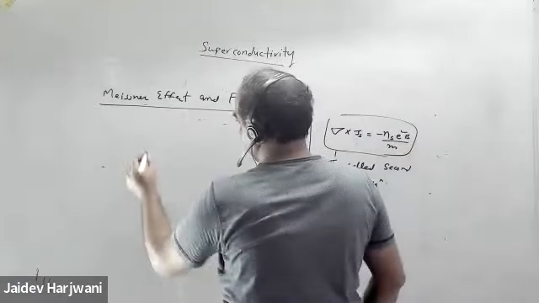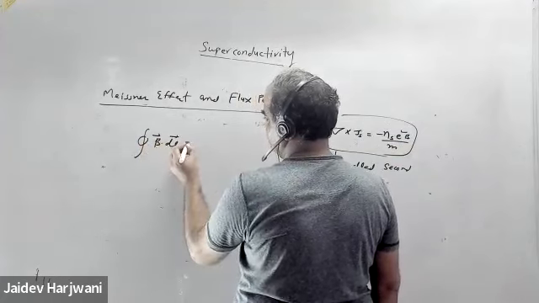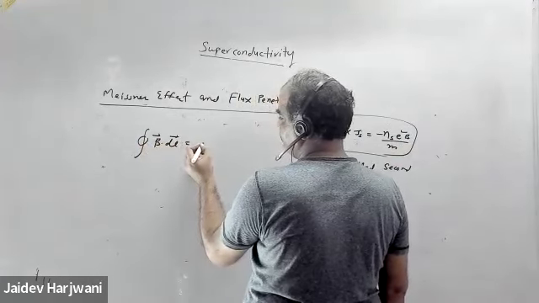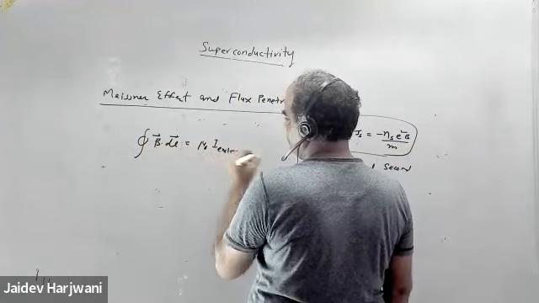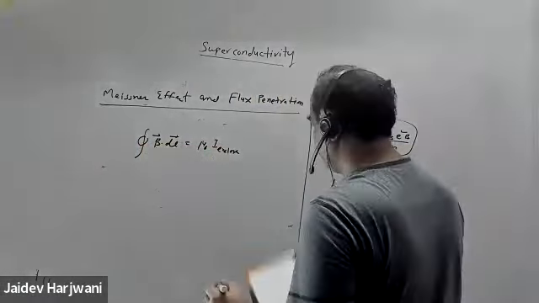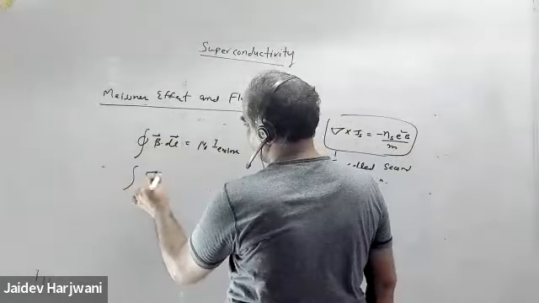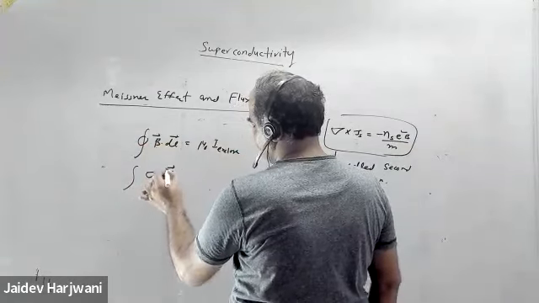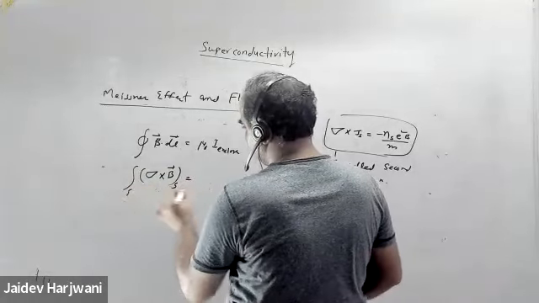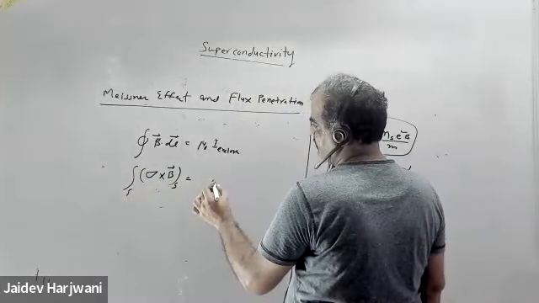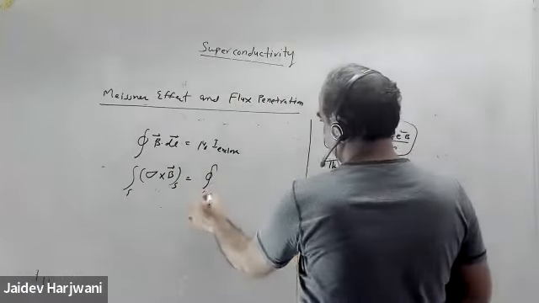From Ampere's law, what is the integral of B dot dl? It is mu 0 I enclosed. Very good. If I apply Stokes theorem, which converts a surface integral to a line integral, the integral of del cross B dot ds equals the integral of B dot dl.